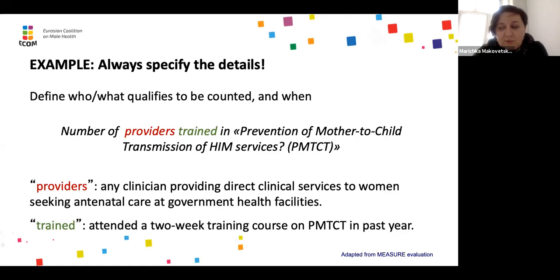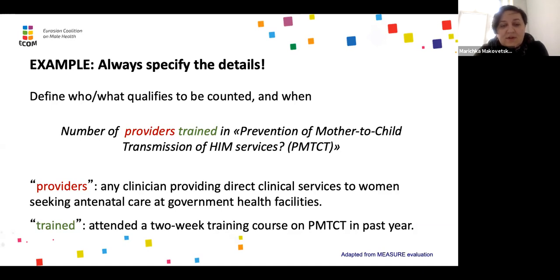If you talk about providers, what kind or type of providers do you mean? Do you mean clinical providers that sit directly in the clinic, or any providers, or private providers? What are you talking about?